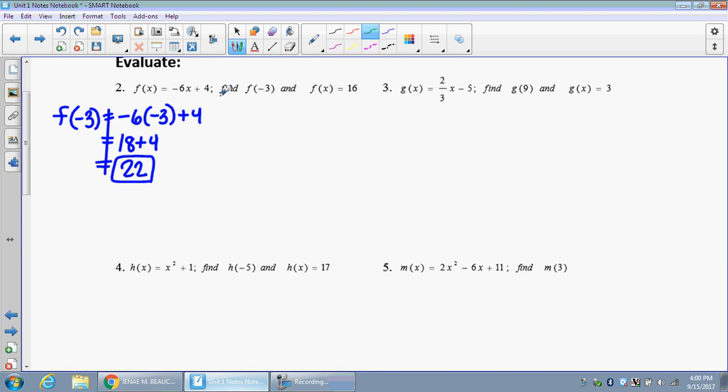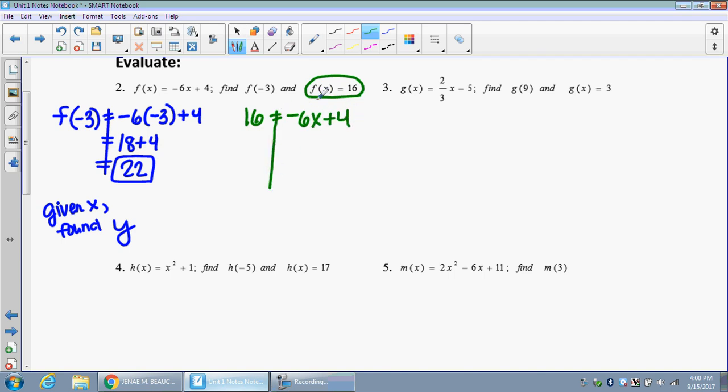If you want to write a note, you can write given x, found y. Here, this is giving us a y value. So I say 16 equals negative 6x plus 4. And now I'm solving for x. So I need to subtract 4 from both sides.